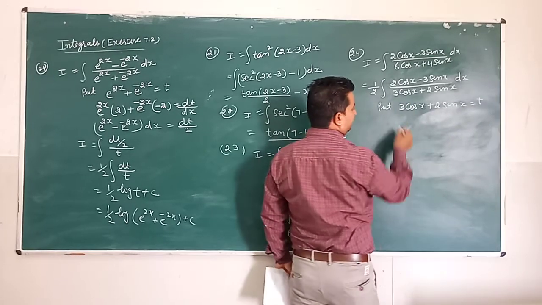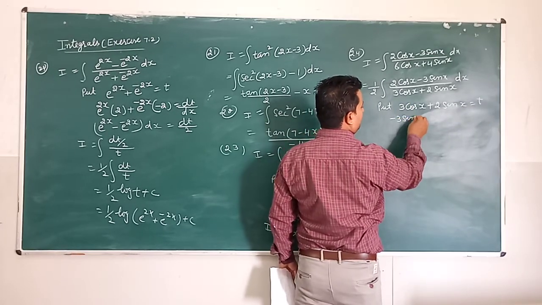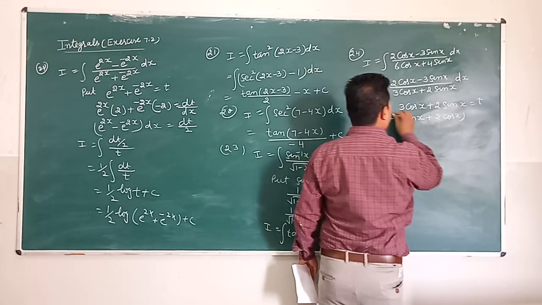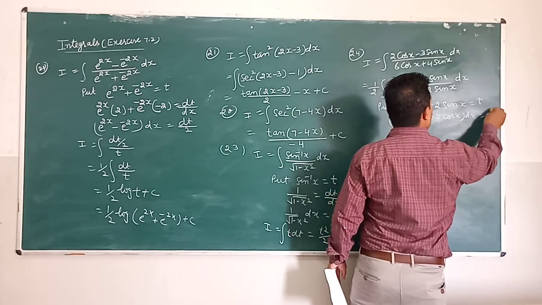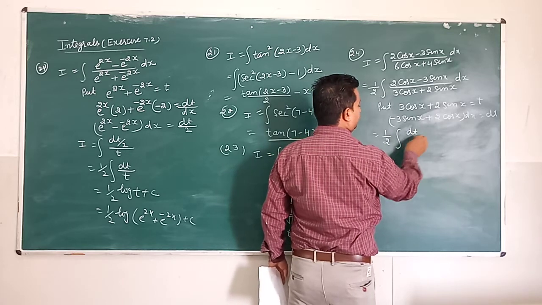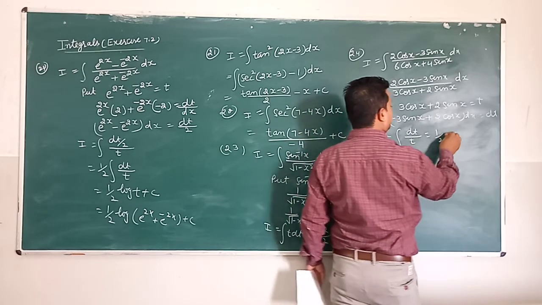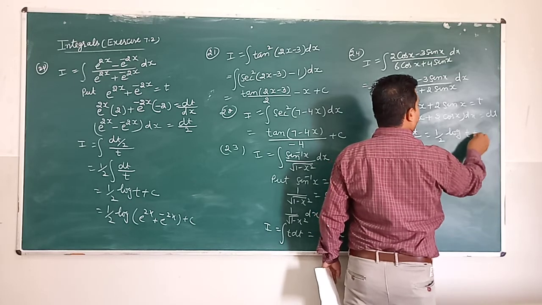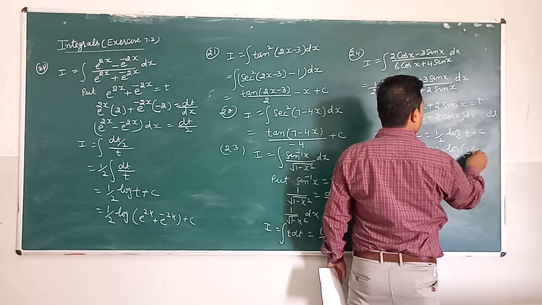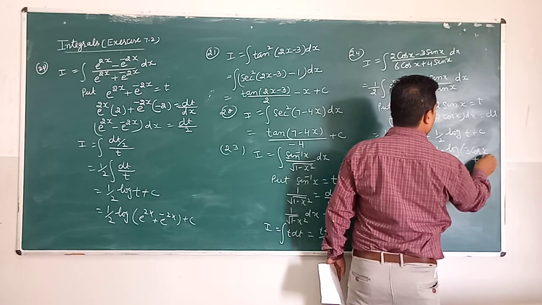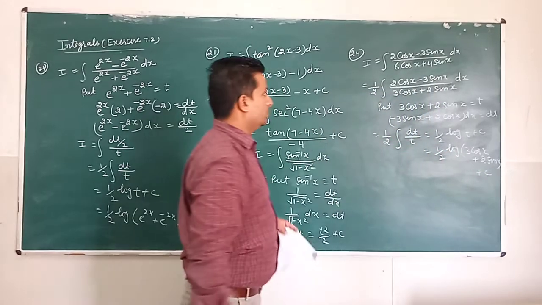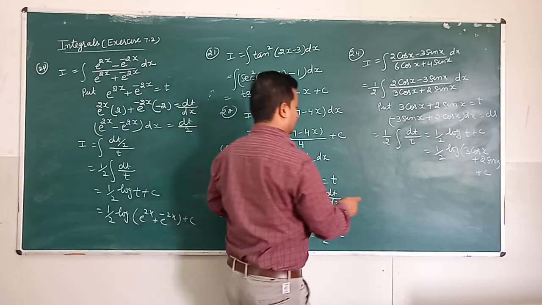So differentiate with respect to x. Differentiation of cos x is minus sin and of sin x is cos. So dx is equal to dt. So this becomes dt upon t. So its integral is log t. Put the value of t, which is 3 cos x plus 2 sin x plus c. This is the integral of question number 24.